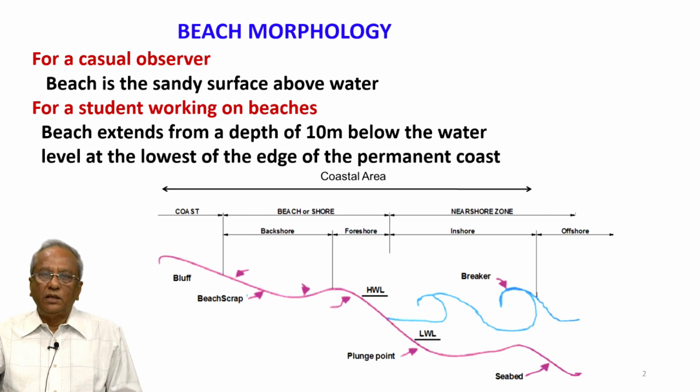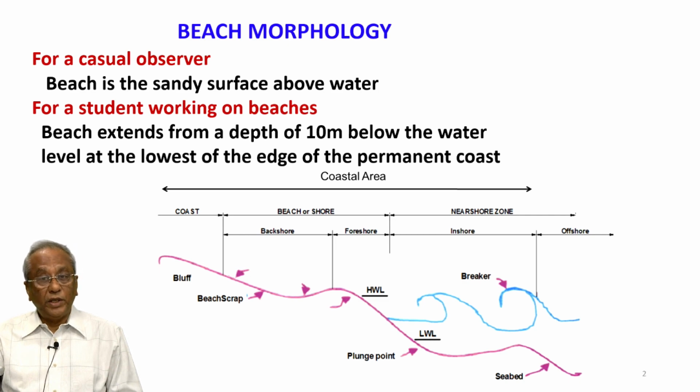If you look at the beach, how exactly is a beach defined? For people who visit the beach just to relax, enjoy, the beach is just defined as a sandy surface above the water.